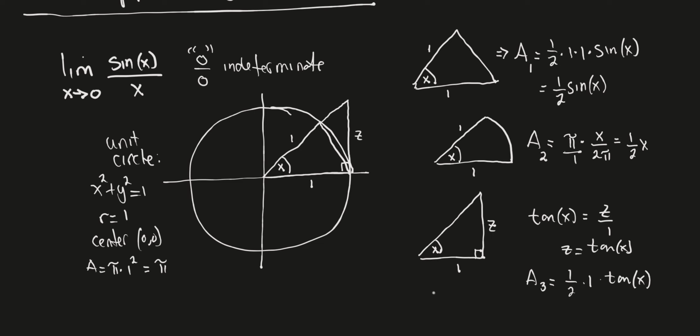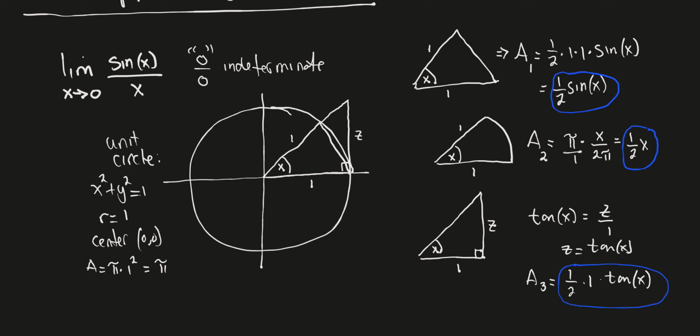So what can we do with these 3 areas? What we can say for sure is that A1, the area of the smaller triangle, is definitely less than the area of the sector, which is in turn less than the area of the bigger triangle.